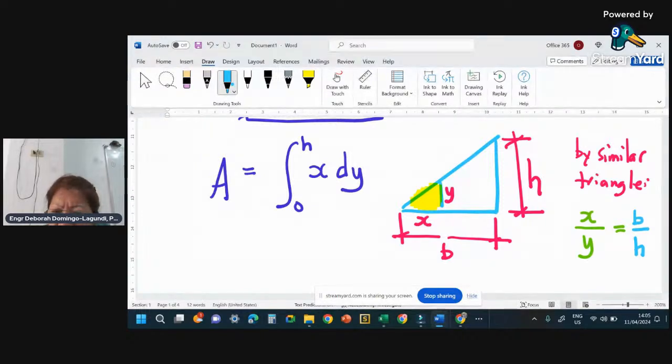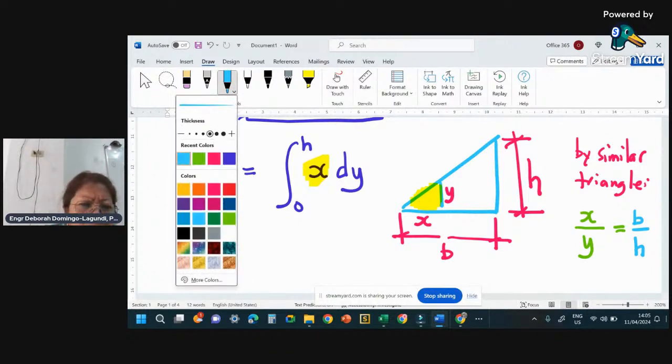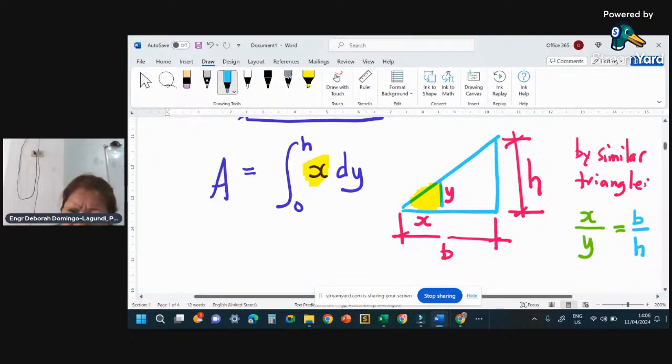So that is base over height of the small one and base over height of the big one. We need to express x in terms of y.